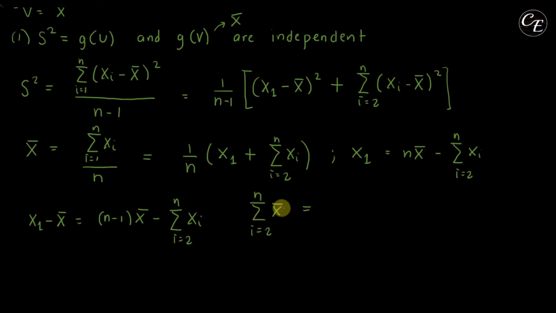Since this is 2 to n, we need to add this x bar n minus 1 times. So we have n minus 1 times x bar. So we can use this one instead of this one.